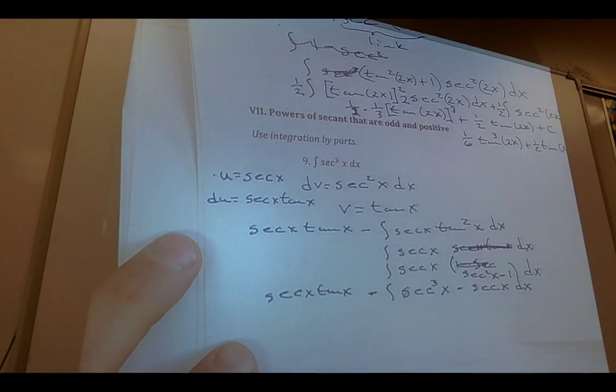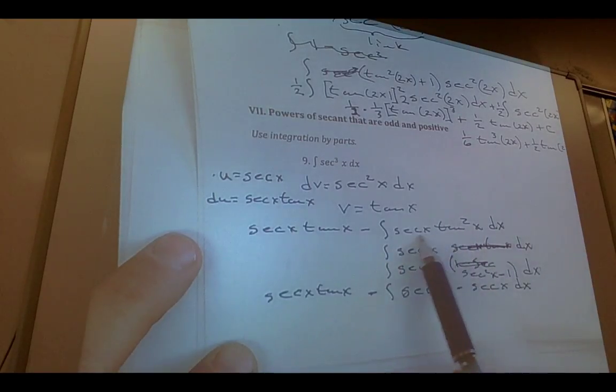Any ideas? We take out a secant squared. Have we done this one before? We have to go through it again.